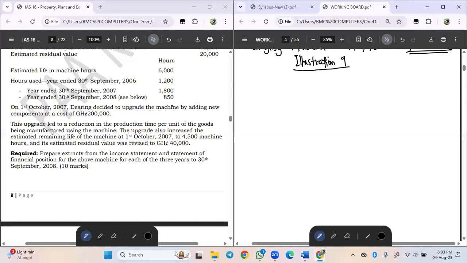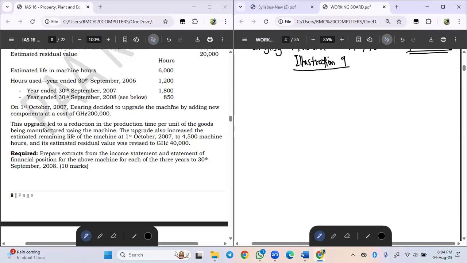The upgrade also increased the estimated remaining life of the machine at 1st October 2007 to 4,500 machine hours, and its estimated residual value was revised to 40,000 Ghana cedis. Required: prepare extracts from the income statements and statements of financial position for the above machine for each of the 3 years to 30th September 2008.